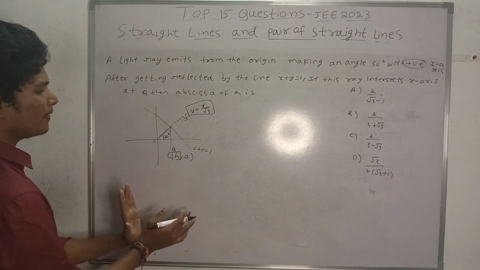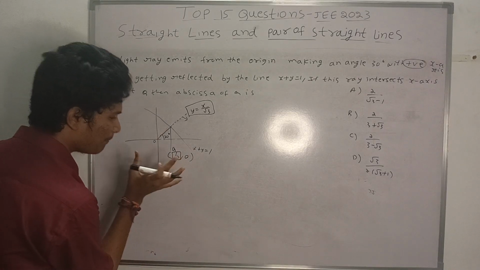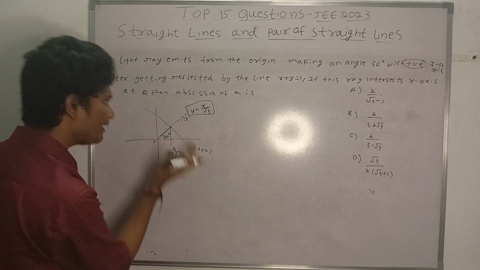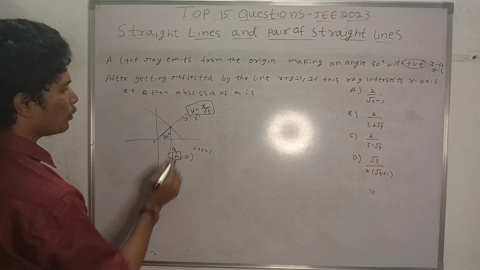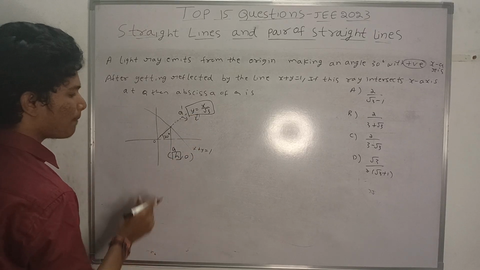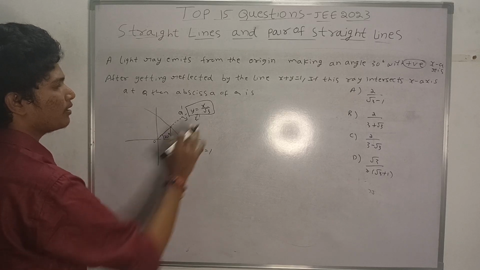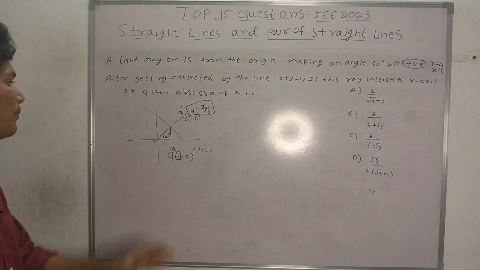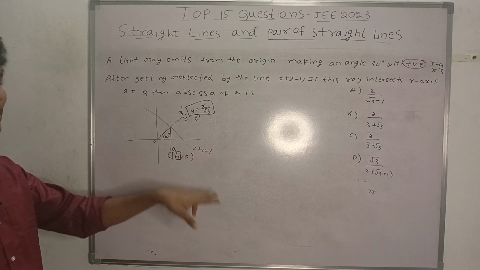Clearly we can say that this point Q, the image of Q, that is Q dash, should lie on the line y equal to x by root 3. What is the reason? Because this line is reflected from the line x plus y equal to 1.